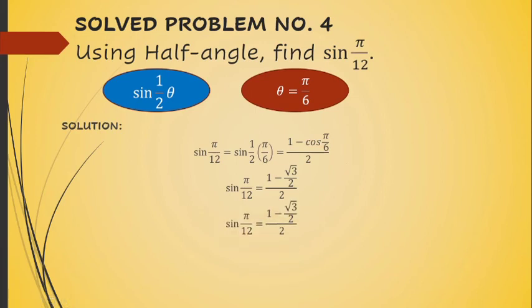That's supposed to be 2. Nadoble, pero tama lang din. You are going to solve this. Ito pinagsama nyo, then multiply. You're going to reciprocate and you will get this.